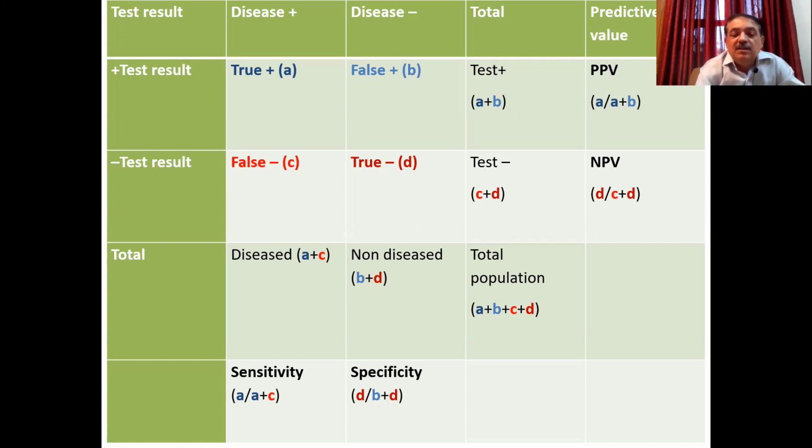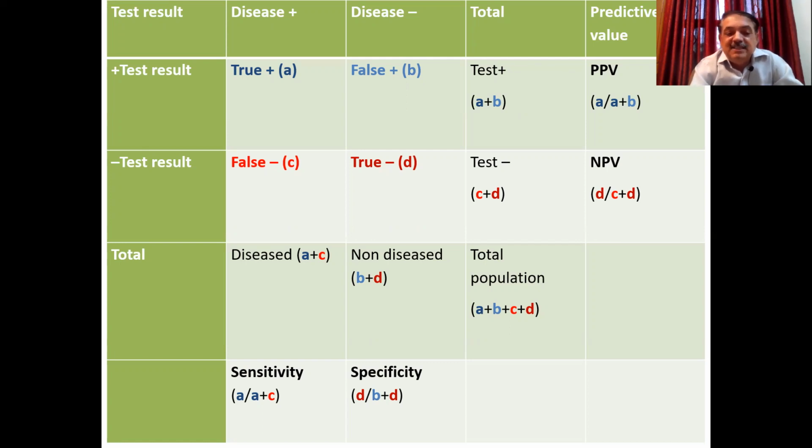And the total population, if you want to calculate, A plus B plus C plus D, that is true positive, false positive, false negative, and true negative. If you calculate, you get the total population. And prevalence can be calculated.